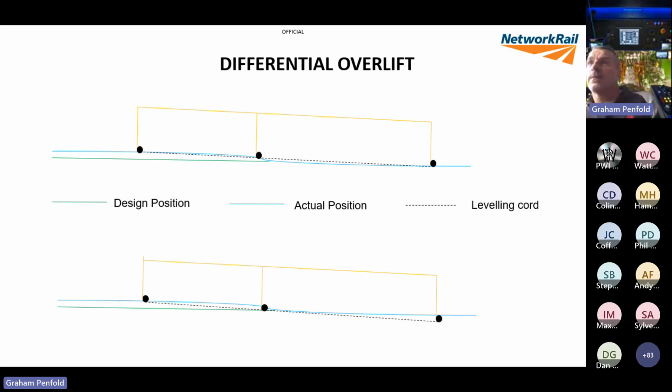So if we didn't have that negative value in there, we would be in a false position. Our design is saying that the measuring trolley should be on the green line, whereas in essence it's on the blue line. So what the tamper does is lower the front feeler trolley, virtually or hypothetically, whichever way you want to put it.